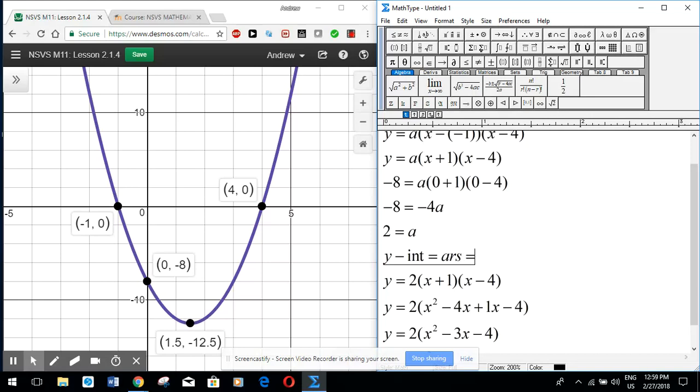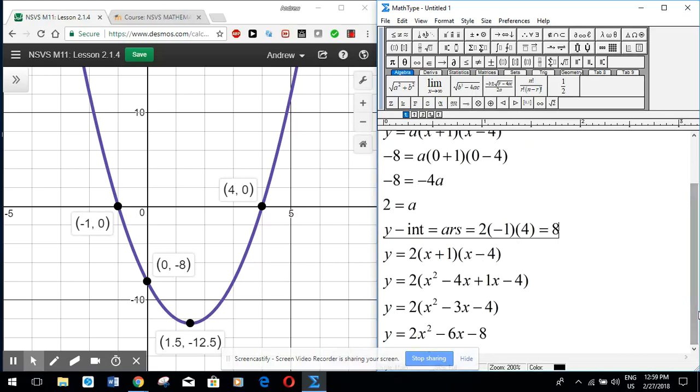In this case, if we multiply a times r times s, we get 2 by -1 by 4, and 2 by -1 by 4 is equal to -8. So our y-intercept can be found by multiplying a, r, and s together.